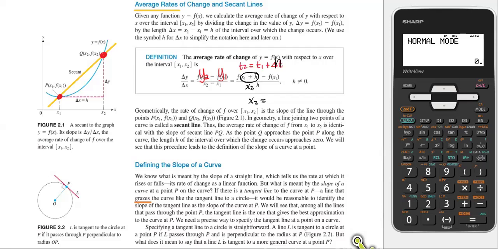X2, you get it by X1 increased by a certain amount. That certain amount, we write it H or delta X. That's what it is. So what's happening in that equation? It's just different symbols, notations of writing the same thing.